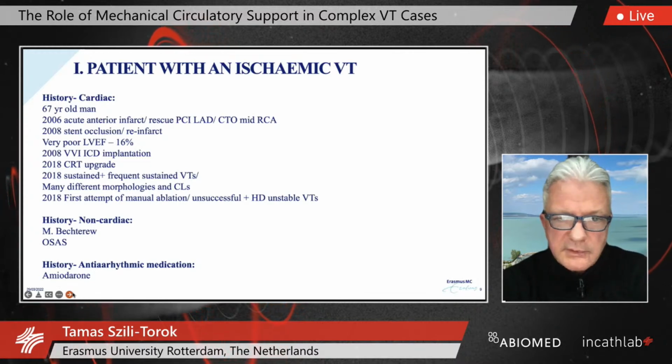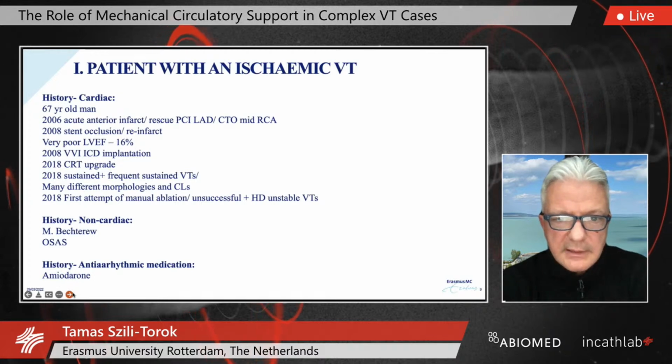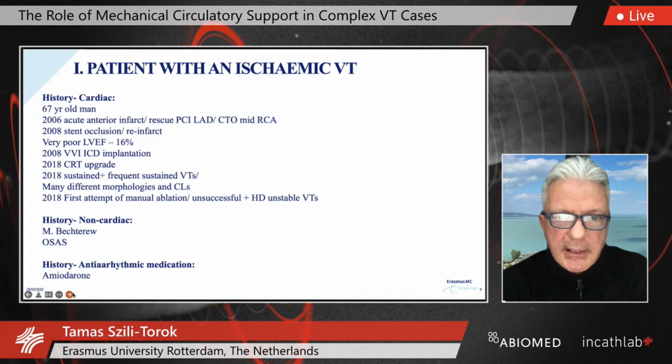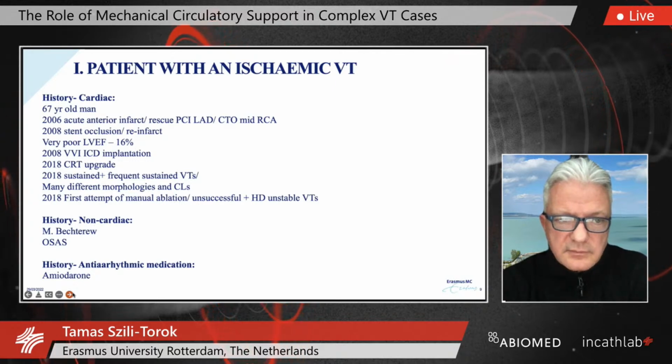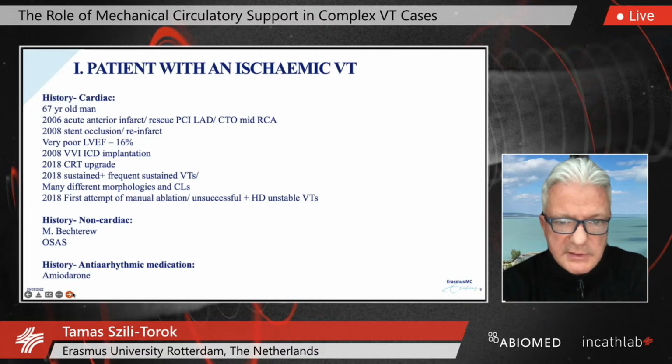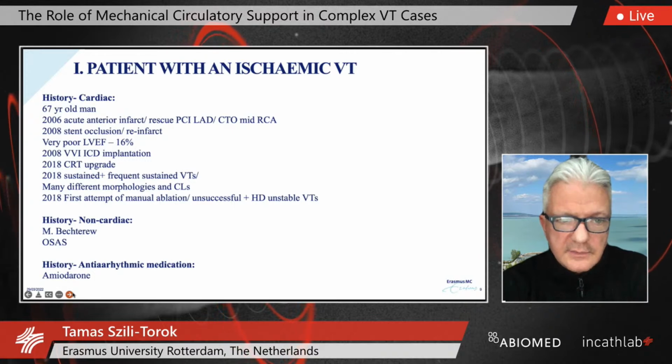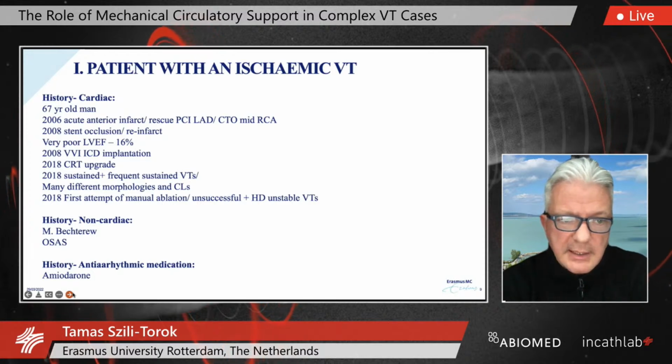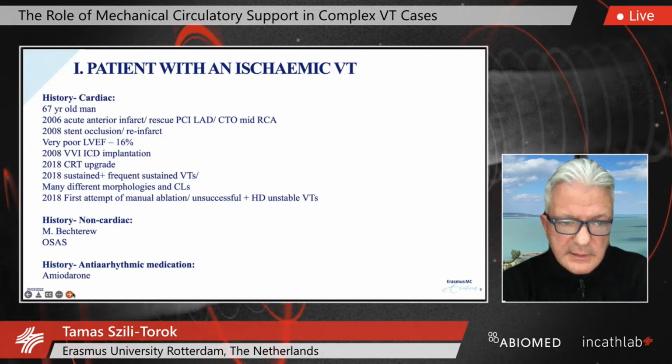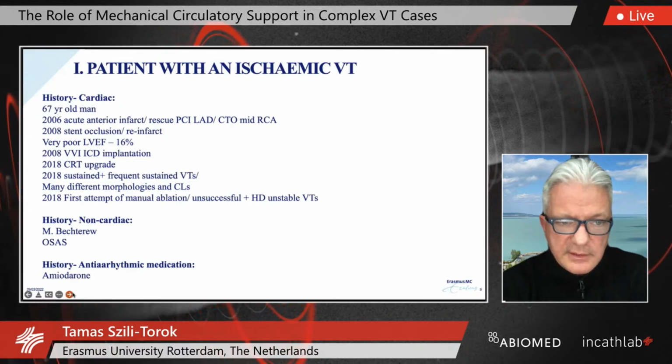The patient I would like to show you, to guide you through this procedure, how we do it and what differences we have with manual ablations, is a patient with an ischemic VT, 67 years old, with a long history of ischemic heart disease, PCIs, and infarcts in the past, even stent occlusion 2 years later, and he has a very poor left ventricular ejection fraction. In 2008, he received a VVI ICD, and in 2018, an upgrade to CRT.